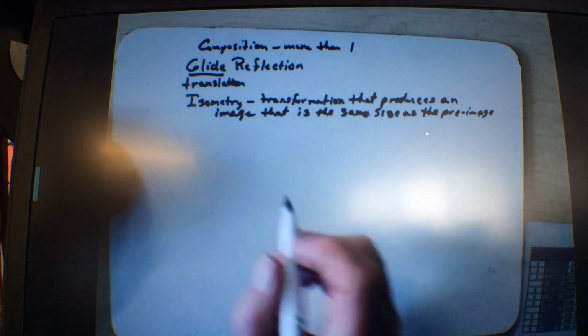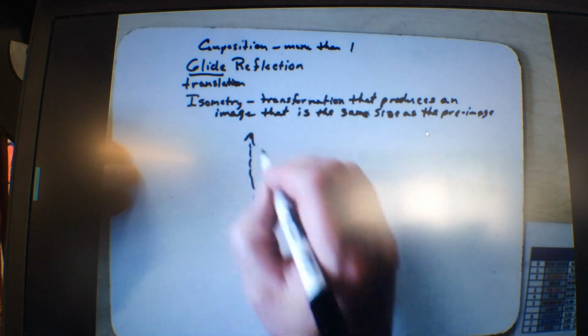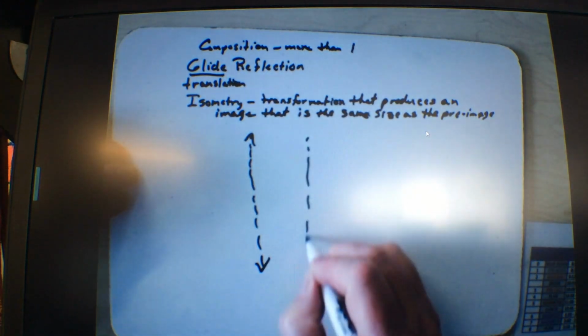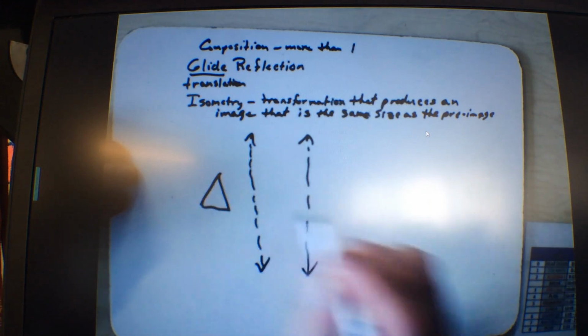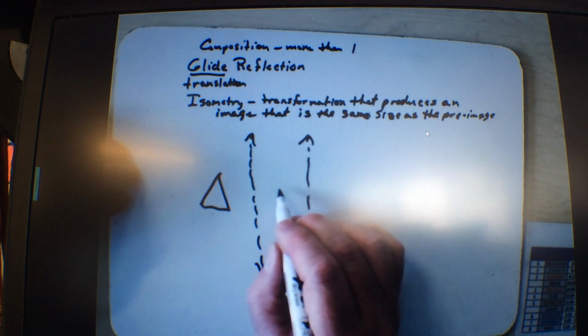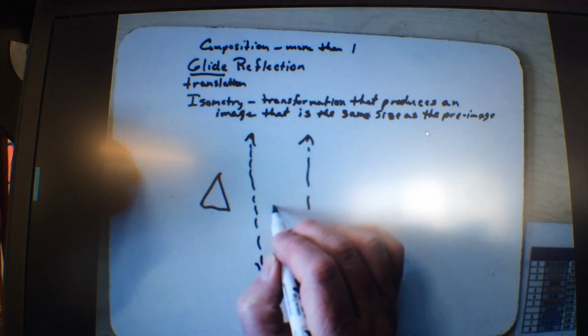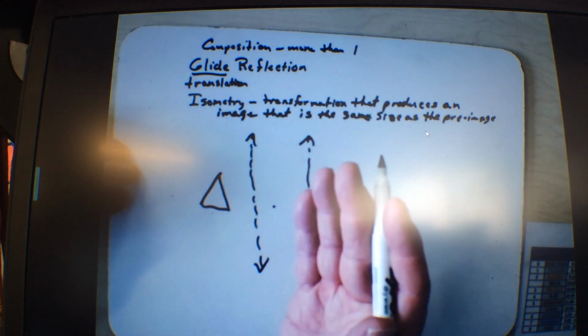Now, if we take two parallel lines, okay, and we have, let's say, a triangle here, if we reflect it across this one, it ends up here, correct? And then it flips, right?